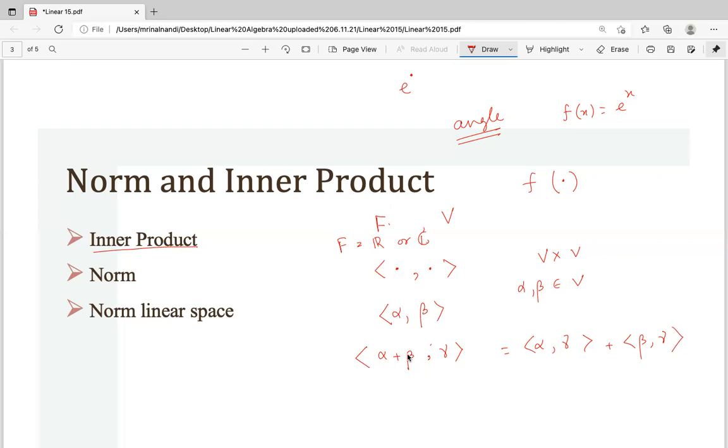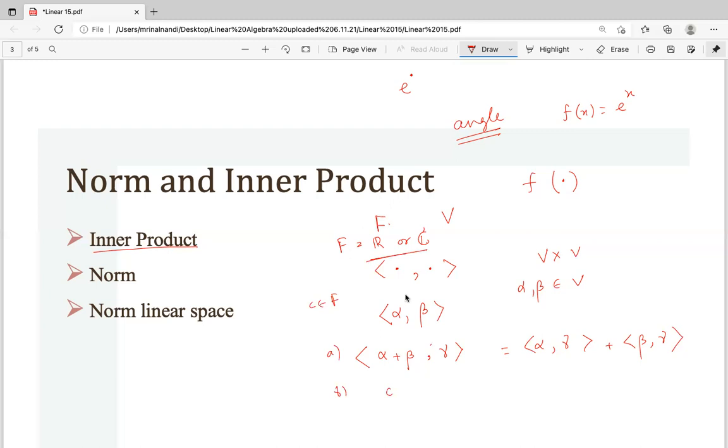But to introduce inner product, we need the idea of direction, this angle. In a general abstract set, the distance concept is there, but the angle concept is not there.